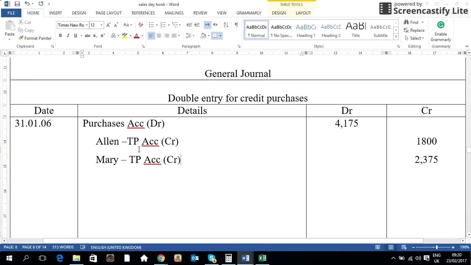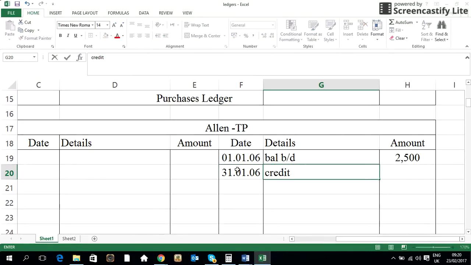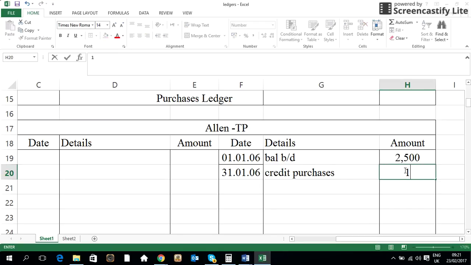Now you move to the trade payable accounts. Alan account, it says Alan TP credit 1,800. You go to Alan account, end of month date, and you write here credit purchases, and you enter the value of 1,800.